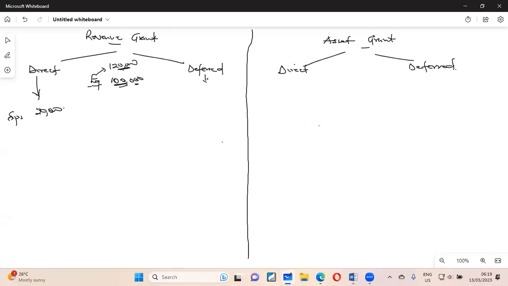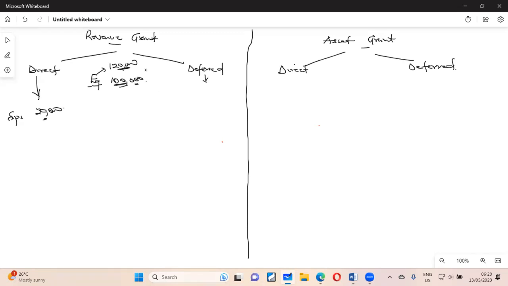Then this other view says that if you do it like this, you are not showing faithful representation. You are not giving us the clear picture of what is happening. Sometimes the expenses happen over a series of time, and I'll give you an example of that too.